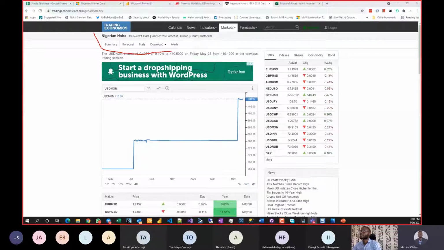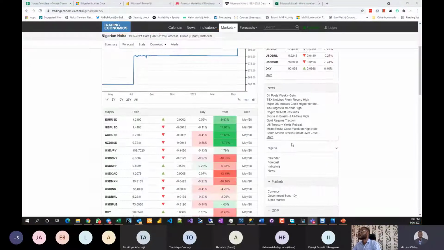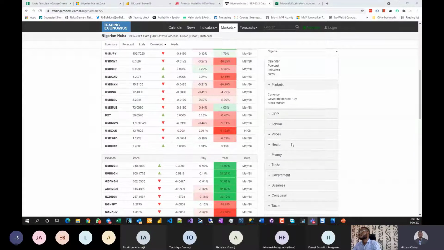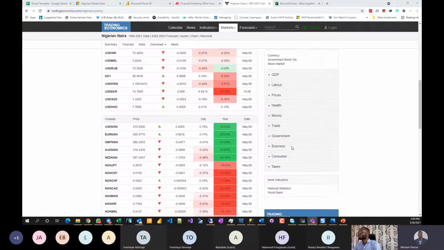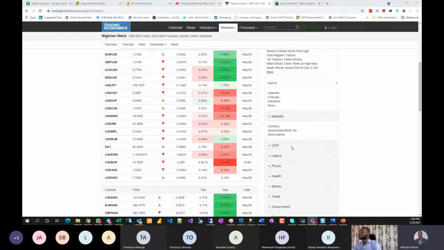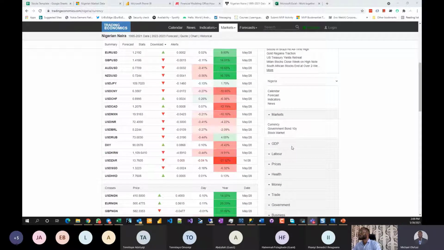You'll notice that it has changed, right? Whereas if I go here on the right side, I'll still keep seeing them. So that's why I was mentioning that you should zero your mind on using the one on the right. Okay, so I'm going to go to another one, currency, government bonds.